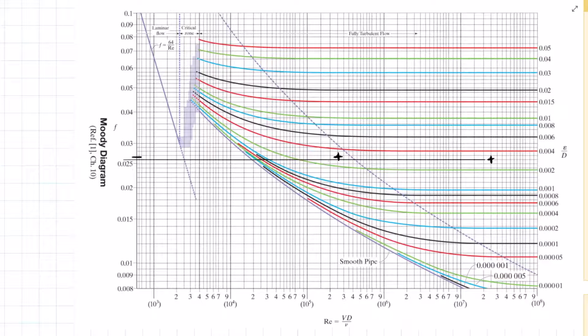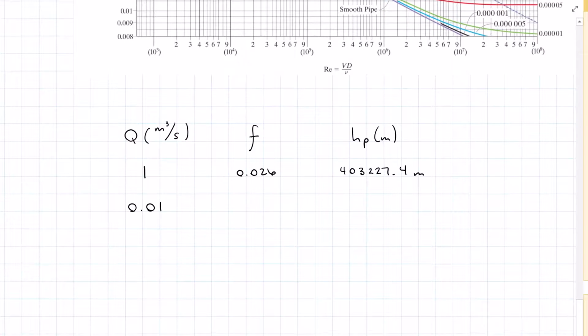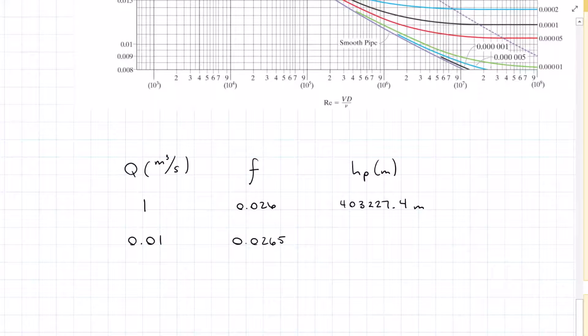I mean 265, right? Yeah, it's about in the middle there. That gives me a new pump head of 48.983 for those of you that want a little bit more significant digits.